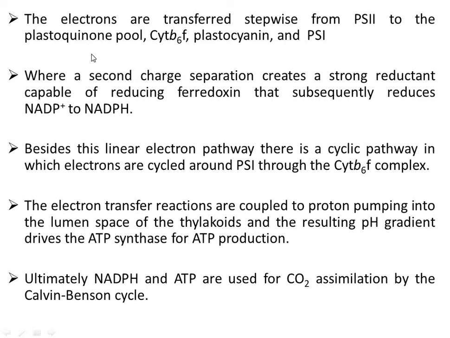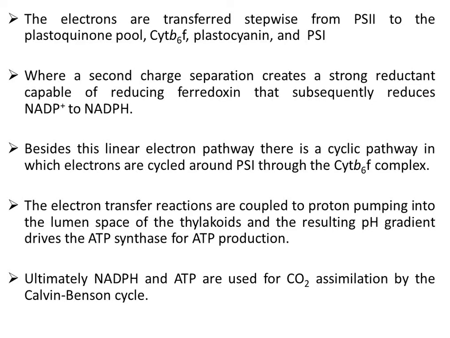The electrons are transferred stepwise from PS2 to the plastoquinone pool, cytochrome B6 complex, plastocyanin and PS1. The second charge separation creates a strong reductant capable of reducing ferredoxin, which subsequently reduces NADP to NADPH.